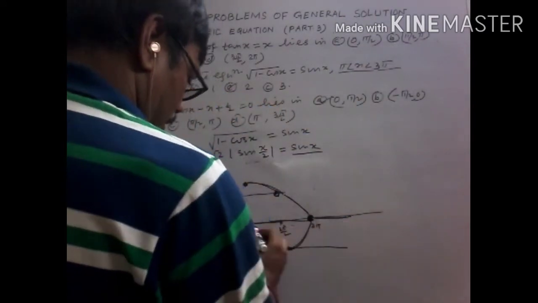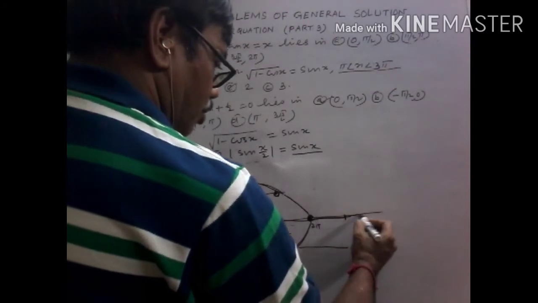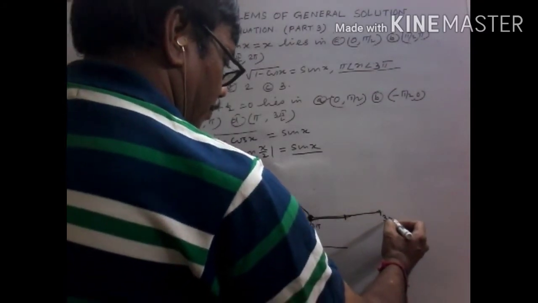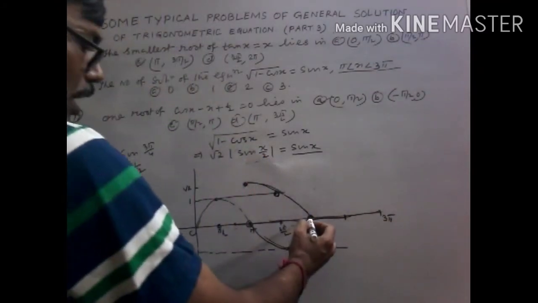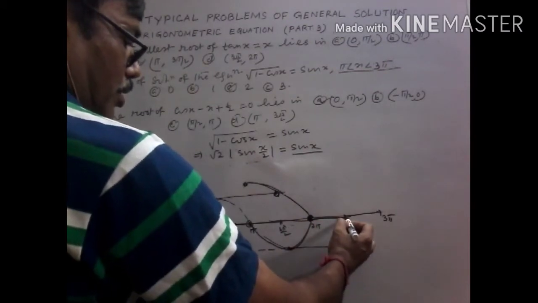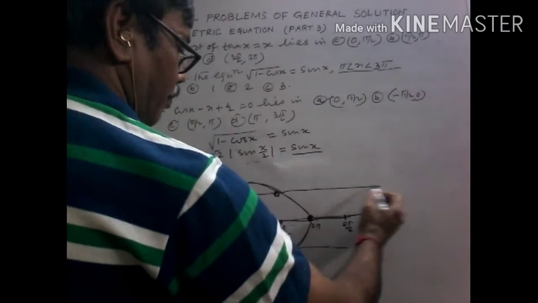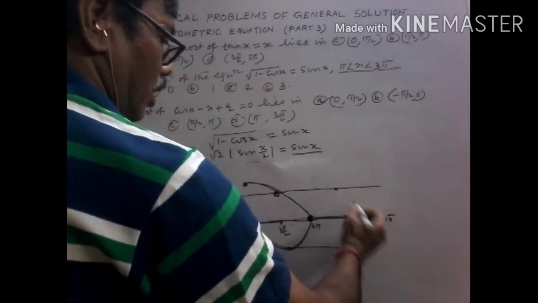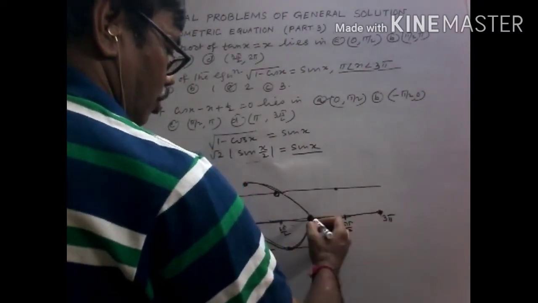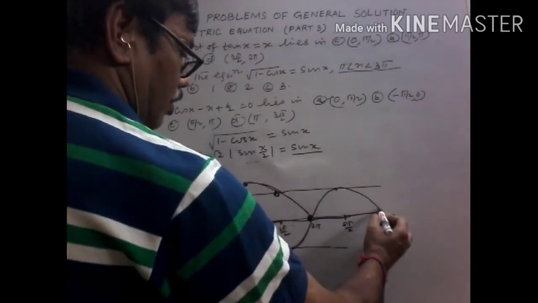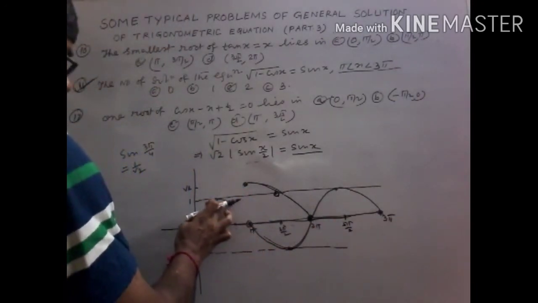So we have to draw again, this is pi, 5 pi by 2, this is 3 pi. So the sine curve: sin 2 pi is 0, sin 5 pi by 2 is again 1, and 3 pi is 0. So we are getting this type of curve.